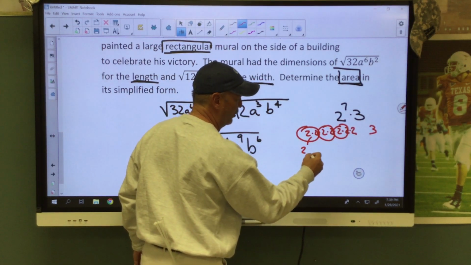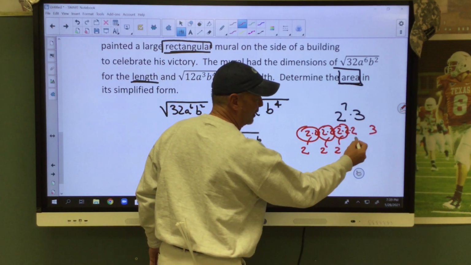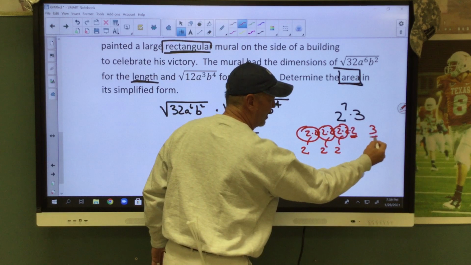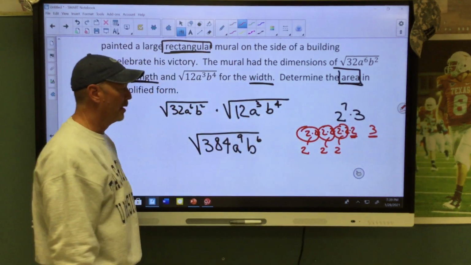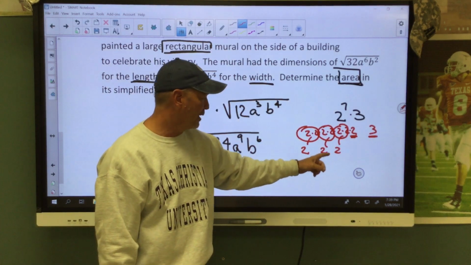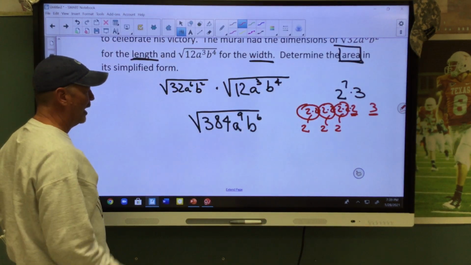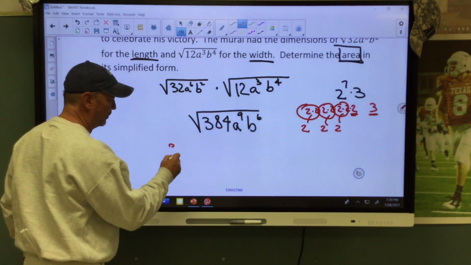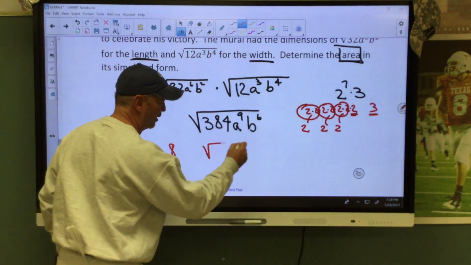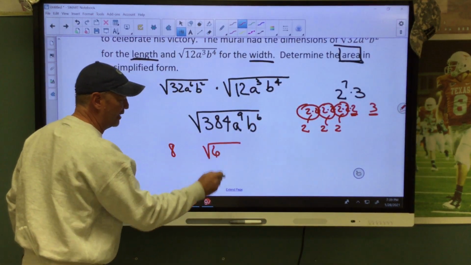I get to take out a 2, a 2, a 2. This 2 is not paired up, that 3 is not paired up. So I'm taking out 2 times 2 is 4, 4 times 2 is 8. I have an 8 coming out. I have 2 times 3, which is 6, staying inside.